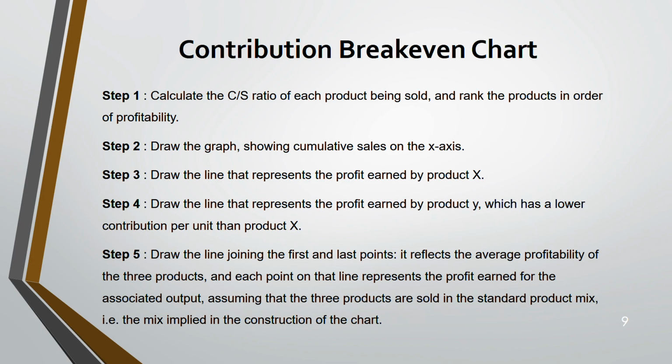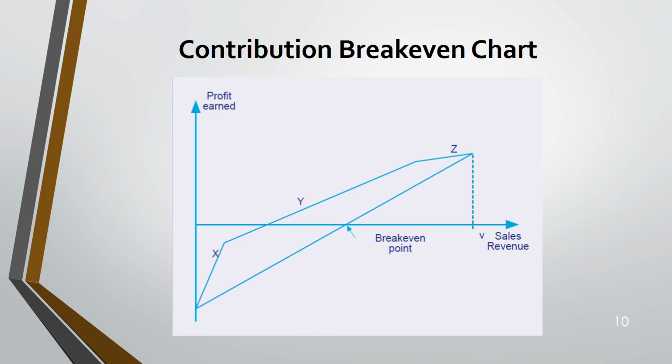So now, this is how the graph will look like. You can see on your y-axis profit, on x-axis sales revenue. And just check the break-even point. And you're having 3 separate products, X, Y, Z. So you have to join the lines to see that break-even point.